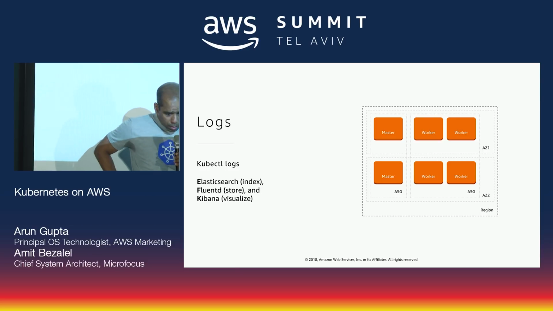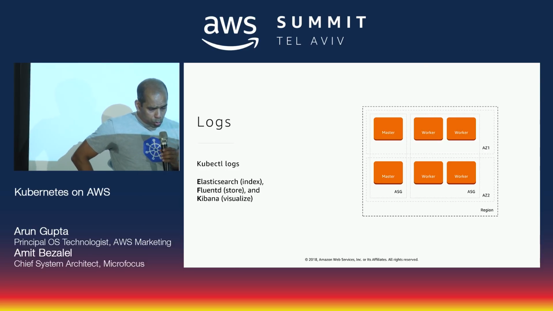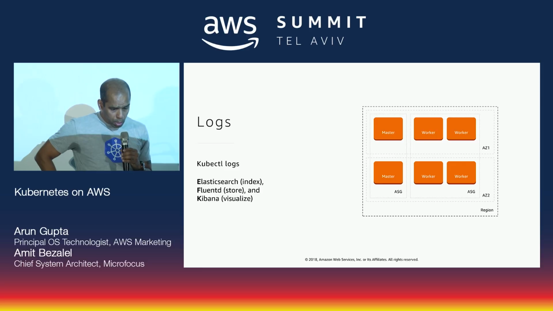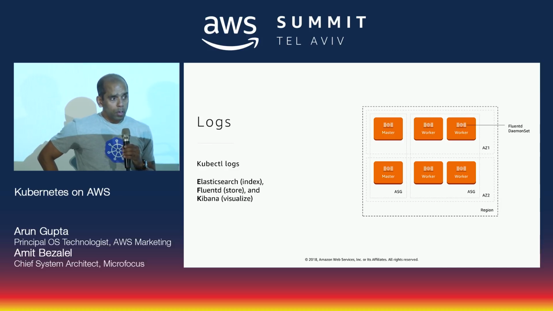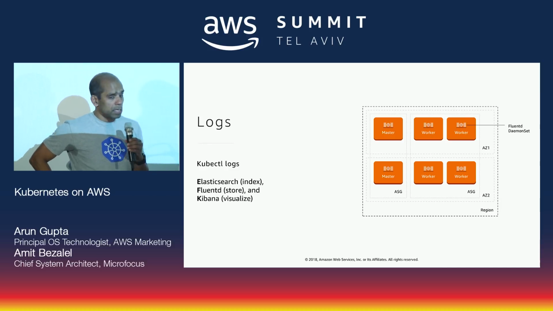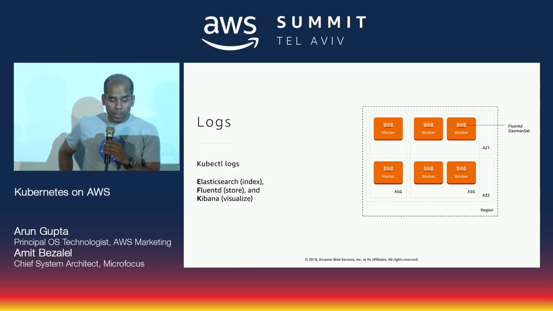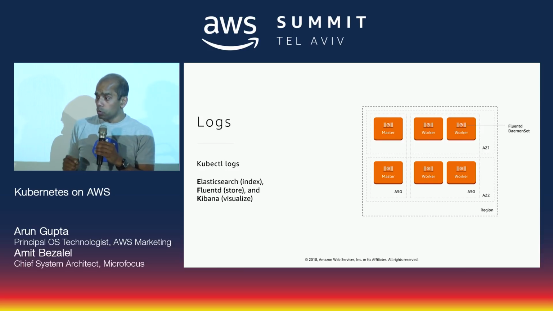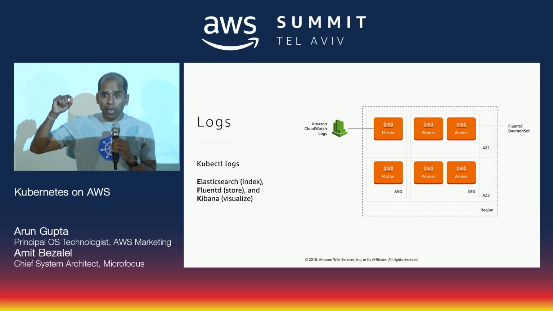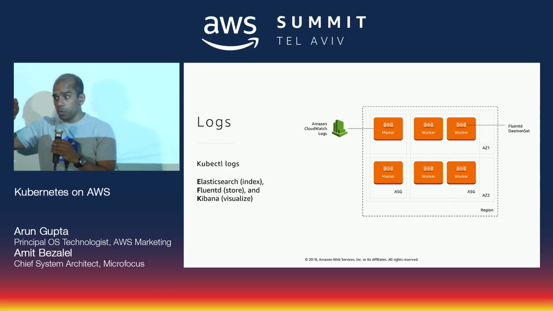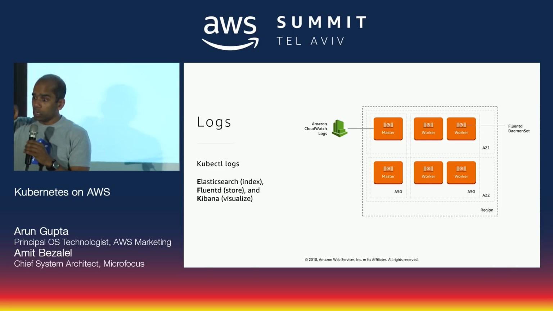So what I'm showing here is a 2-master, 4-worker node cluster, and those are spread across 2 availability zones, okay? Now, the way I would set up the EFK stack is essentially I will run a Fluentd as a daemon set that's running on each of the nodes over there. Anytime any action happens, so like say pod is doing something, it will write to the Docker daemon.